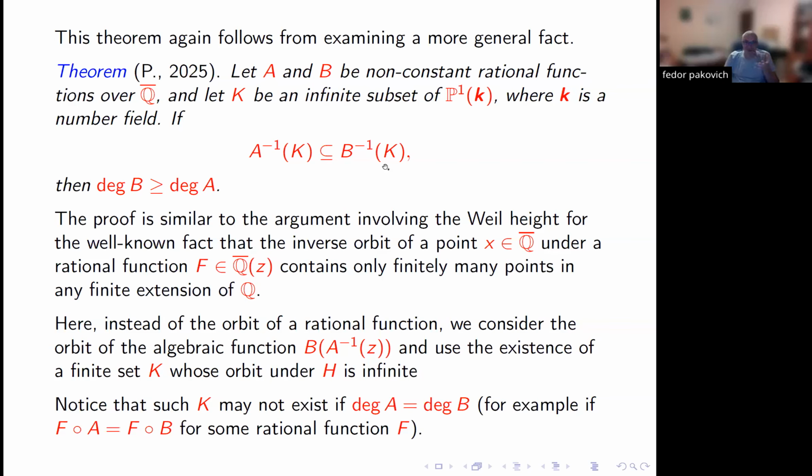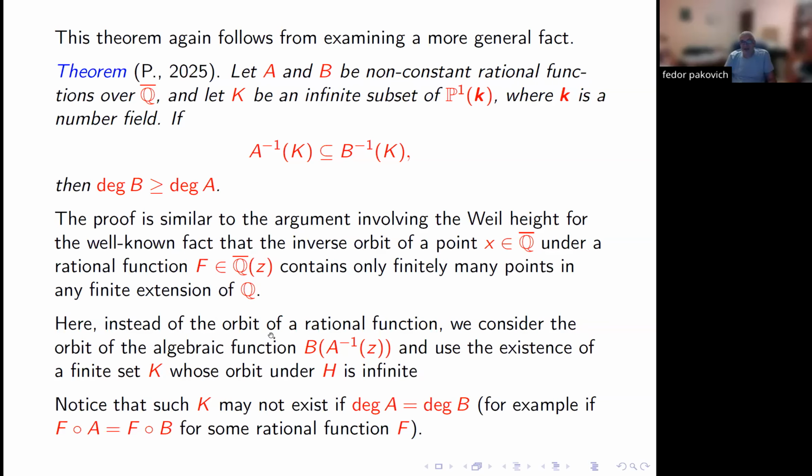And the proof here is completely different, and it's somehow similar to the argument involving the Weil height for the fact that the inverse orbit of a point under a rational function contains only finitely many points in any finite extension.